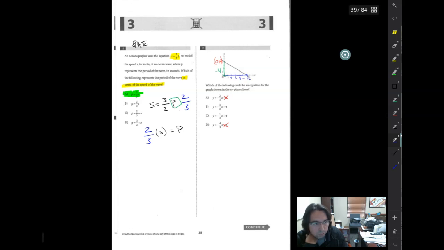So the slope is going to be the rise over the run, which is negative 4 over 12, which then reduces down to negative 1/3. So therefore, my answer choice on this one is C. Okay, so just be very careful, especially when you have these things that are later in the section.